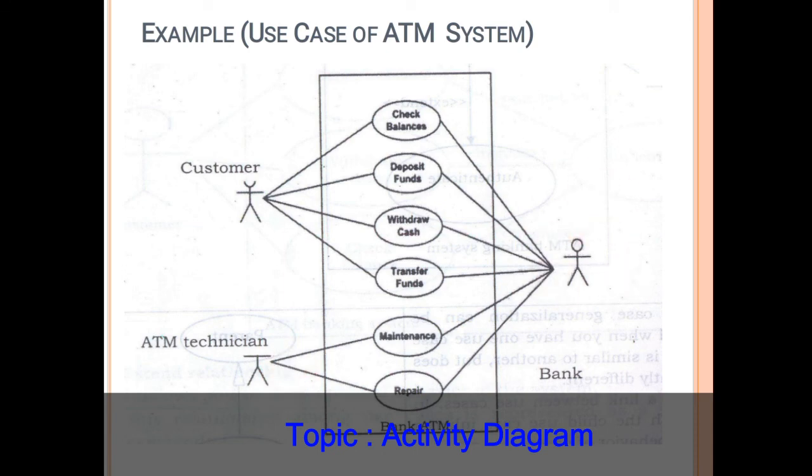An actor can be a person, machine, system, and so on. Here the customer is a person, the ATM technician is a kind of machine, and the bank ATM system is a kind of system. The customer can check balance, deposit funds, withdraw cash, and transfer funds, but the ATM technician can maintain the whole system and repair the system, and all this is covered by the bank system.